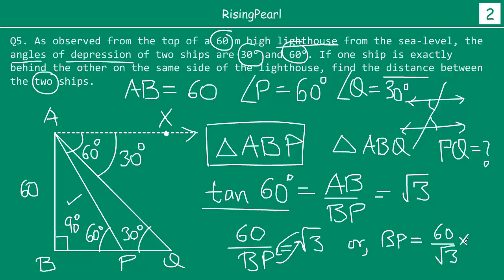Now we would want to rationalize this. Normally we don't like to keep an irrational number in the denominator. So BP will be equal to 60 times square root 3 by 3. Then 3 20s are 60. So 20 square root 3. So what we have is BP is 20 square root 3.